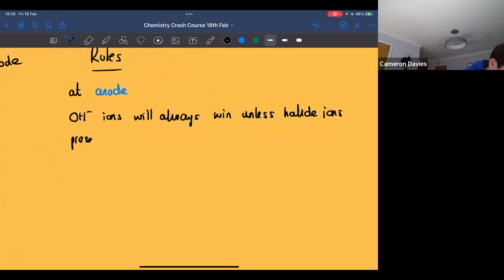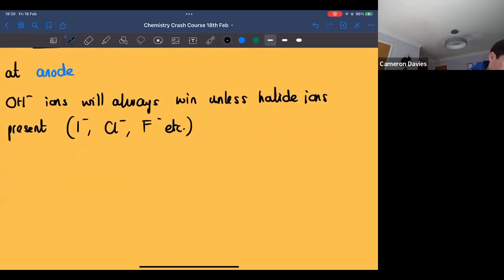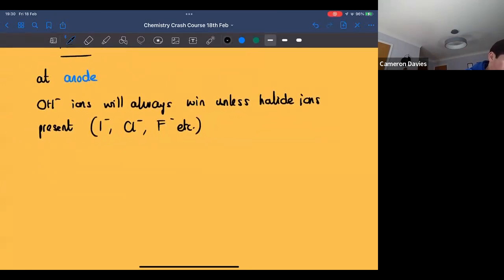This just refers to ions which are in group 7, so this might include iodide ions, chloride ions, fluoride ions, etc. Anything that's in group 7 on the periodic table. If they are present in the solution, they will be the ones in the half equation, and the OH minus ions will just be something called discharged. So the other one is discharged, the one that doesn't win.